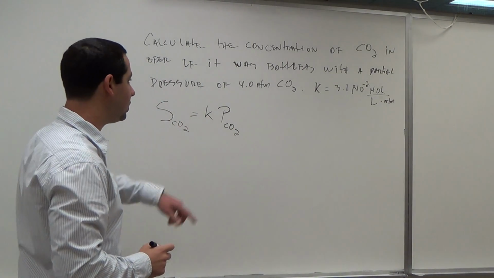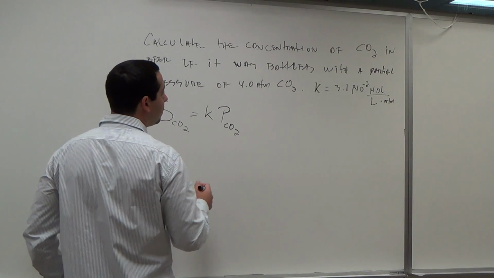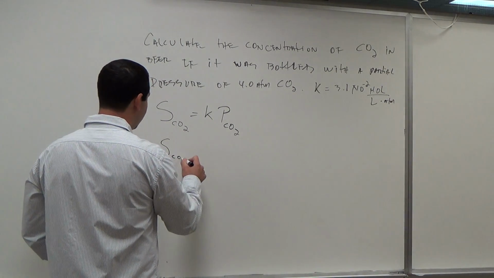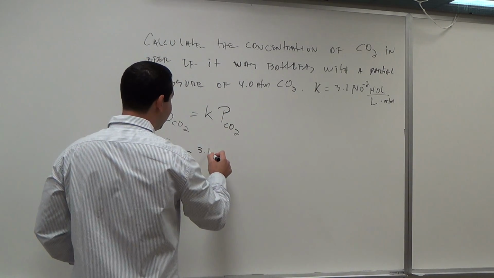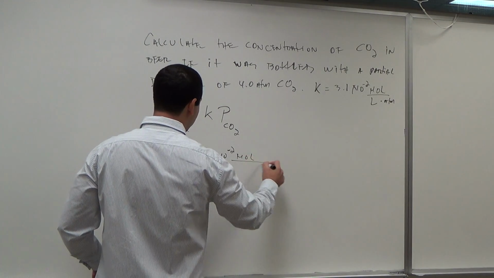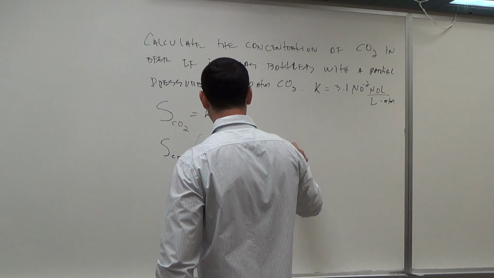This Henry's law constant depends on the liquid. So all we have to do for this very easy problem is, solubility of CO2 is equal to K. There is K. It was given to you.